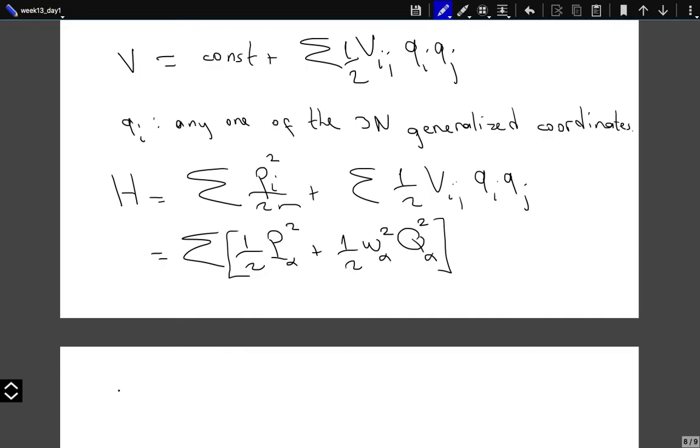And each one of these alphas is called a normal mode. You should have already seen the normal modes in analytical mechanics.